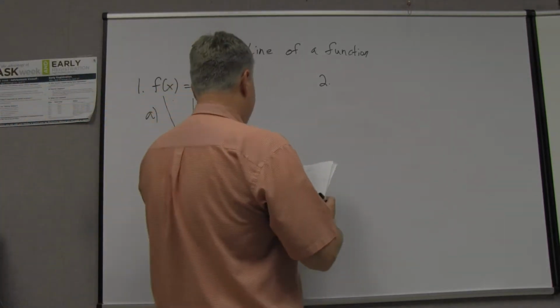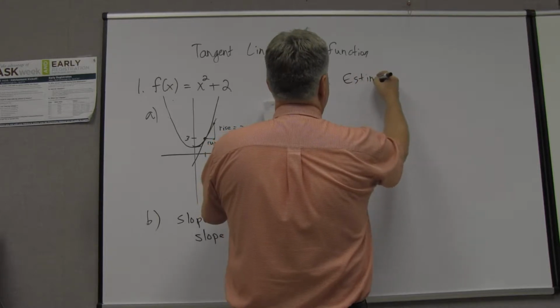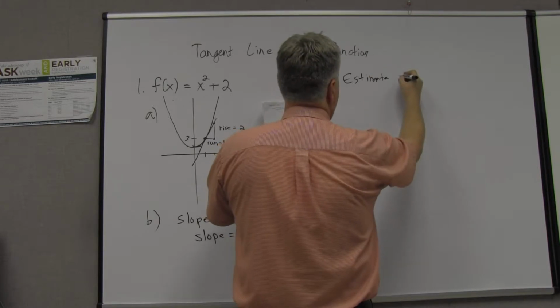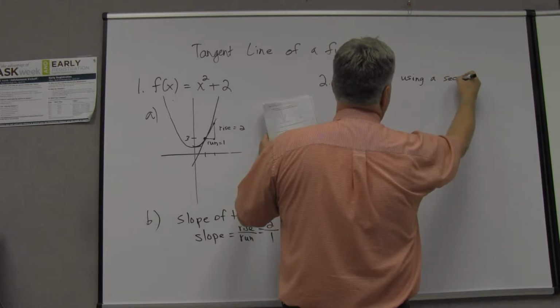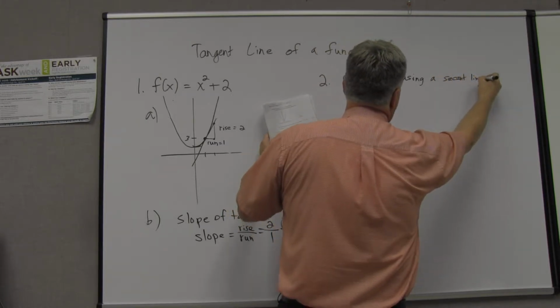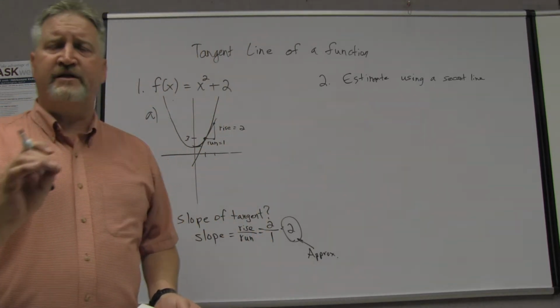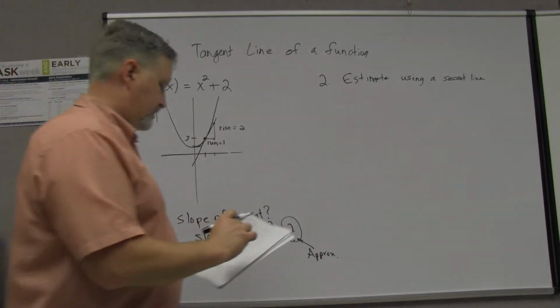Number 2. So let's estimate the tangent line slope by using a secant line. So we're going to estimate the tangent line, but we're going to use the secant line. Here's why.